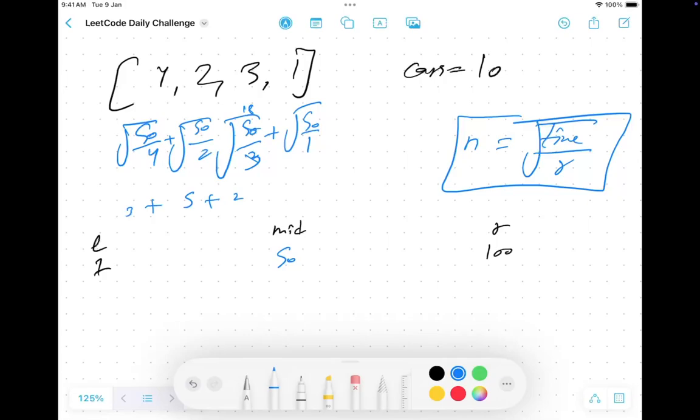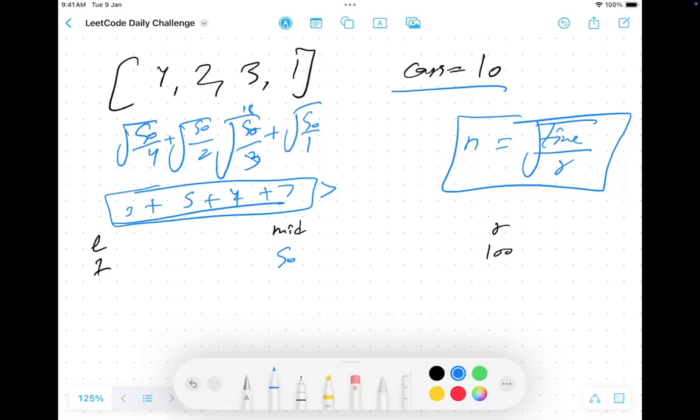Let's calculate it. Then 50 by 1 is 50, and under root is 7. So this many cars can be repaired, which is enough.